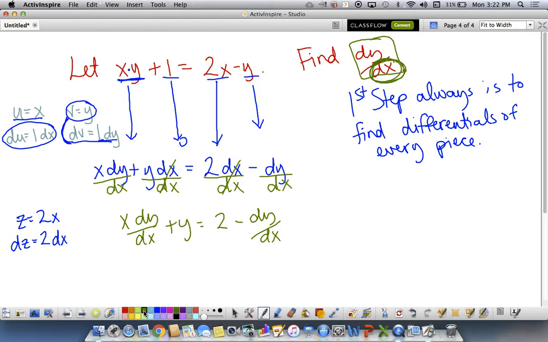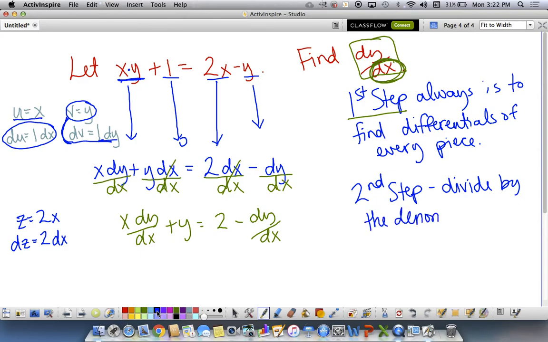If there's a first step, let's go ahead and make a second step. Second step will not always be the same. Well, kind of. You're going to divide by the denominator of what you're looking for.